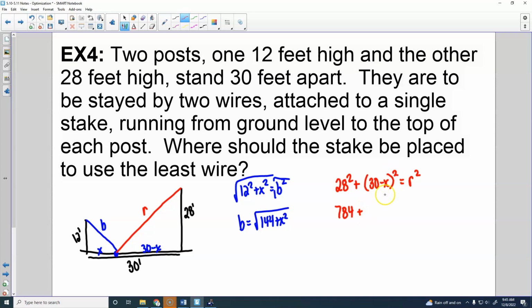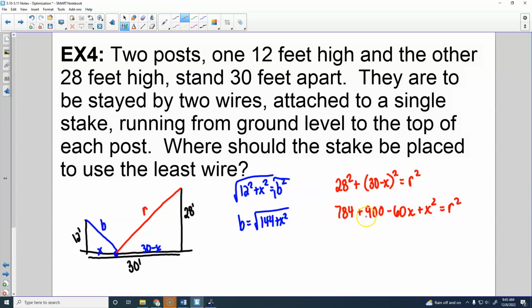Plus, we're going to square double square here, so we'll get 900 minus 60x plus x squared equals r squared.